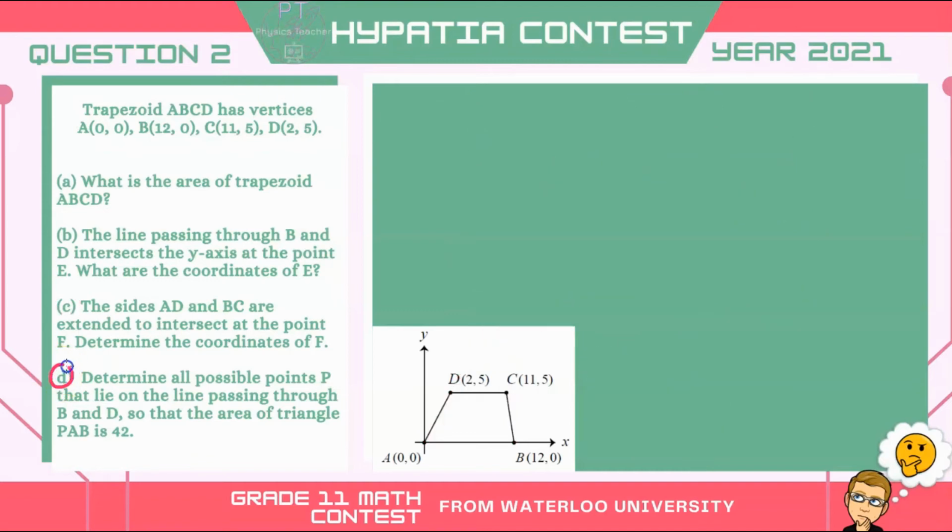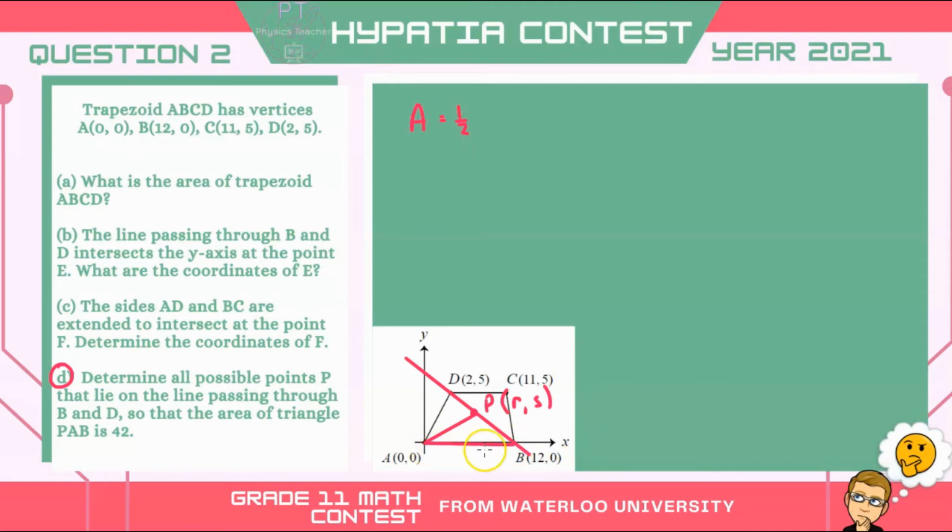Moving on to part D, if we were to connect the lines B and D, we need to find all possible points P which would lie on that line. So let me give you one example. Maybe there's a P in here where this triangle APB will have an area of 42. So let's start by saying that P has some coordinates R, S. Now the area of a triangle is just 1/2 base times height.